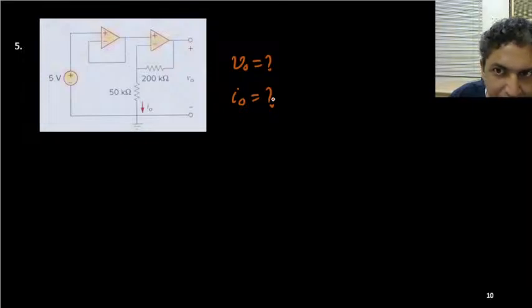So can you solve it very quickly? So what is V0? First, what is the potential here?